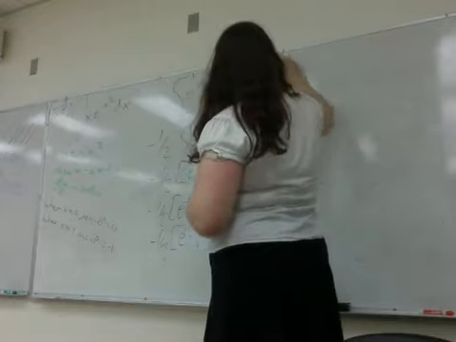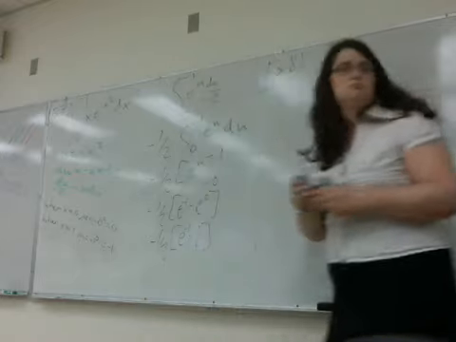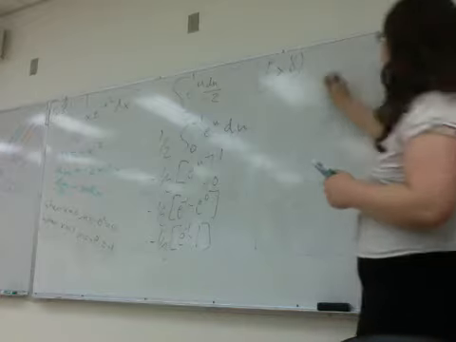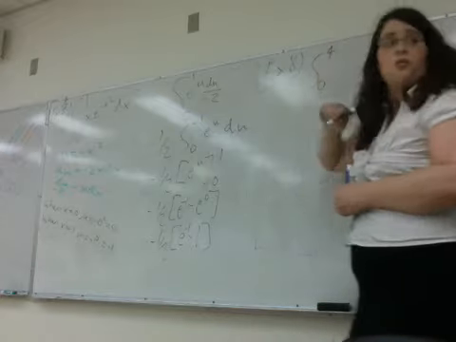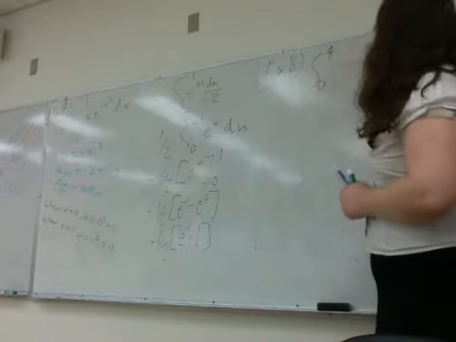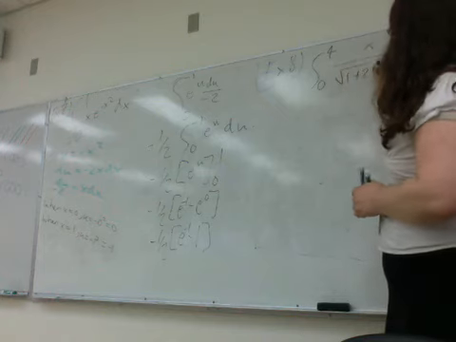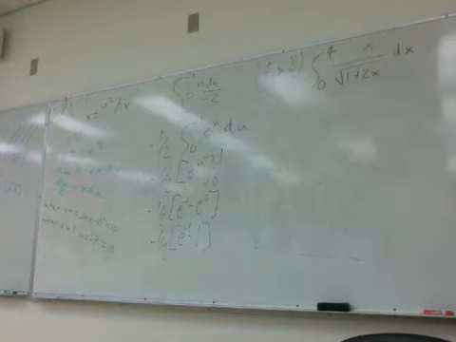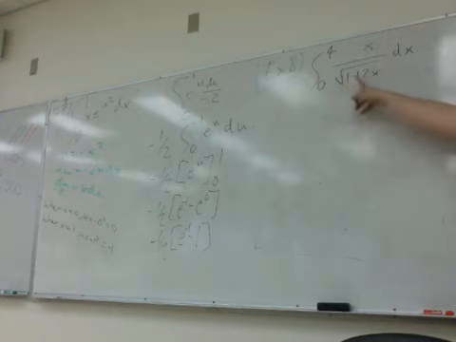So the next one here is example 8. Here we have the integral from 0 to 4, x over square root 1 plus 2x dx. So here we have a function inside another function.